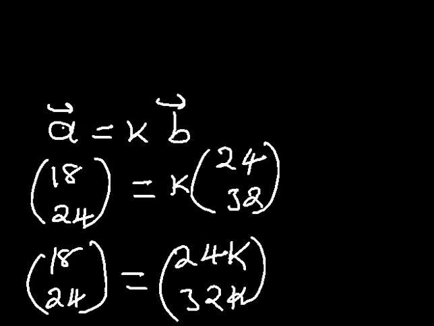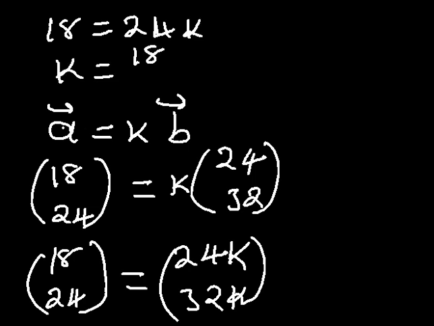So in that case, we have 18 is equal to 24k. And what is the value of k in this way? We'll have it as 18 over 24.